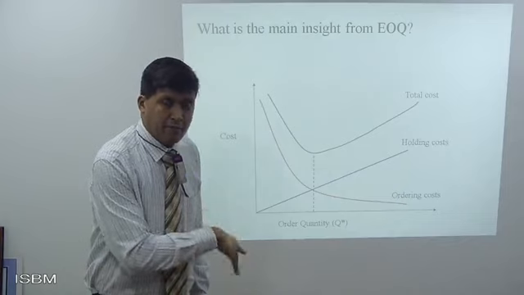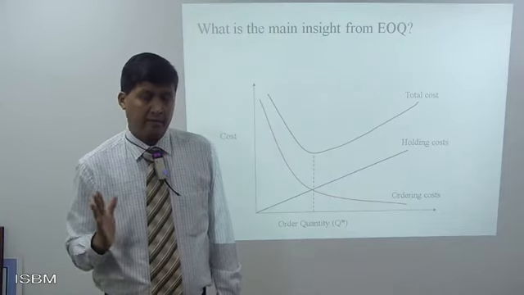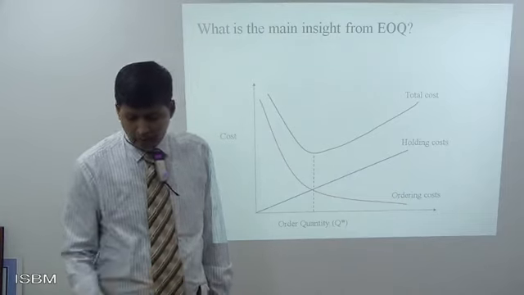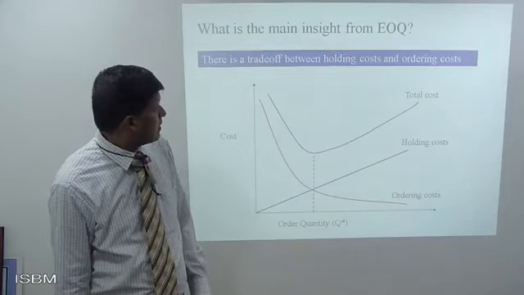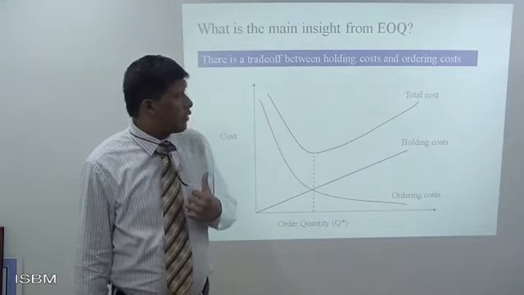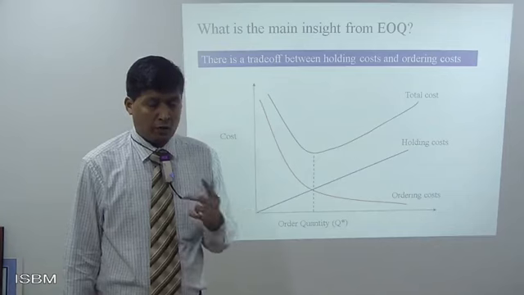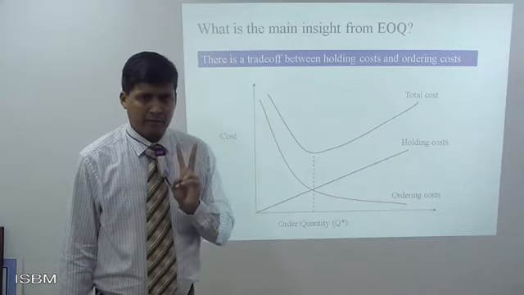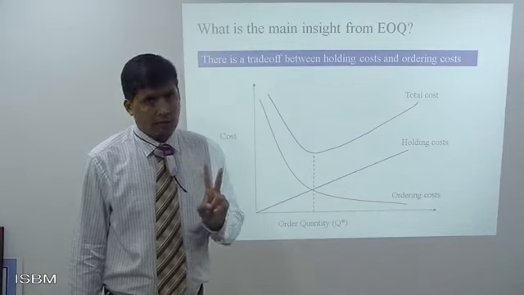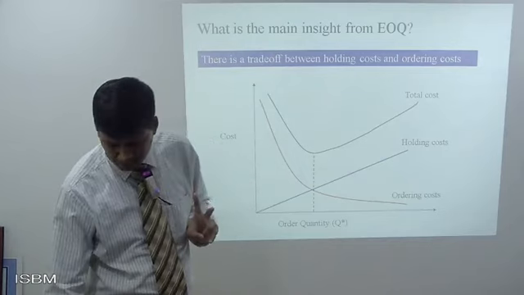This is the graphical representation, and we'll also want to look into it from a numeric perspective. So there is a trade-off between holding cost and the ordering cost. We are looking at this point of time only two variables, the ordering cost and the holding cost, when we are defining inventory cost.